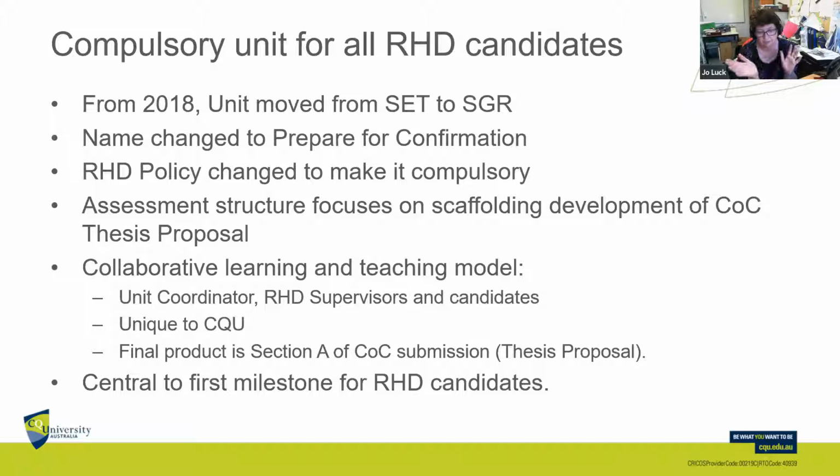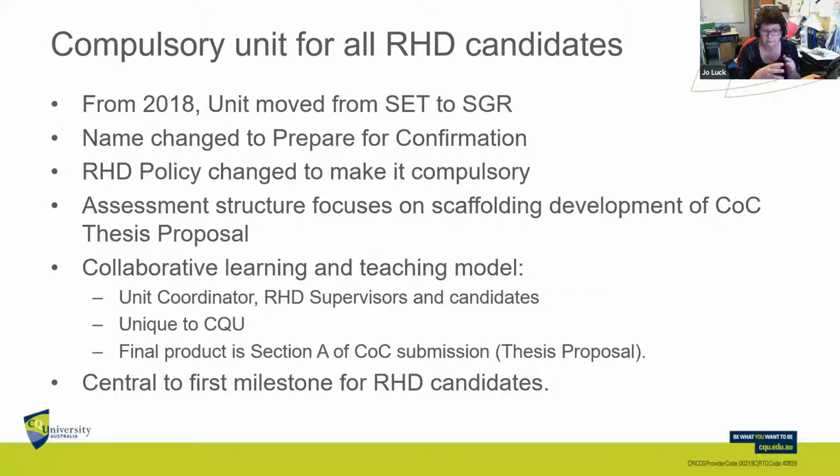As I mentioned before, the final product is that Section A of the COC thesis, and this unit then steps them up to do that first milestone of a research higher degree candidate, which is their COC. That is the first significant milestone that they have to do, and it's setting them up for what they're going to do if they're a master's student for the following year and a quarter, or if they're a doctoral student for the following 2 to 3 years of their study.